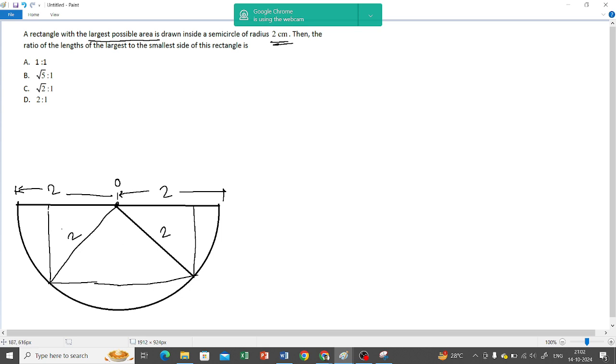Now if both of these are 2 centimeter, let me take it as A, B, C and D. So these two are 2 centimeters that you can see.